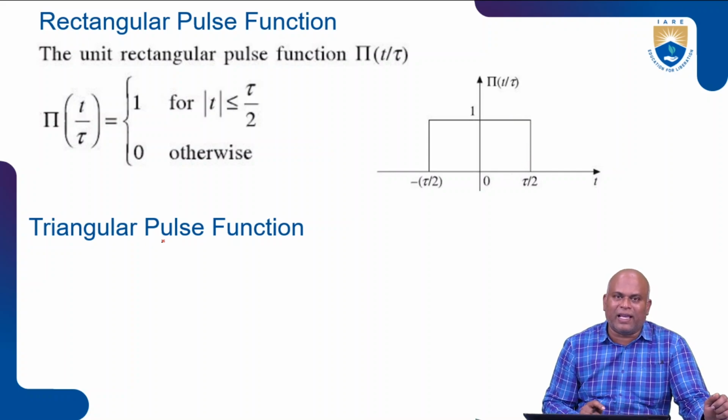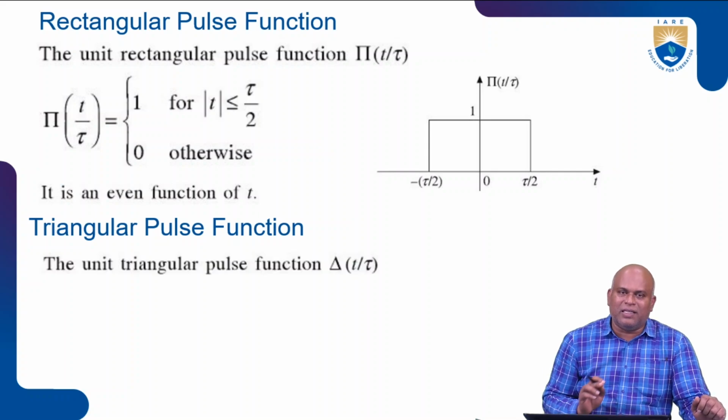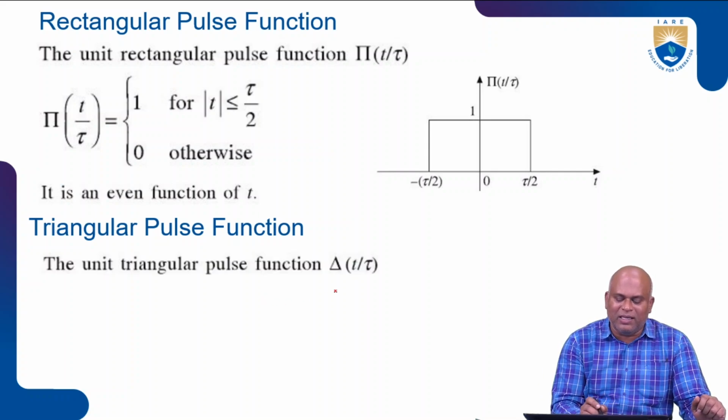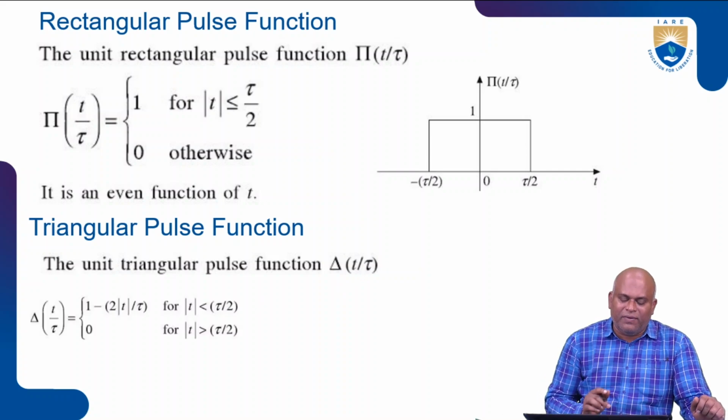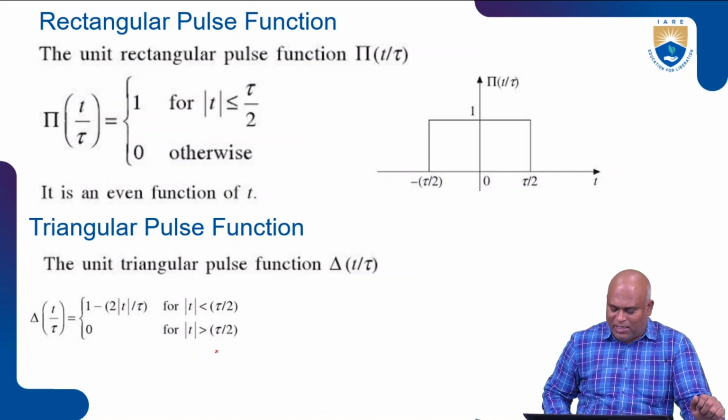Next case is the triangular pulse function. The triangular pulse function is represented as Λ(t/τ). Λ(t/τ) is equal to 1 minus 2 mod of t divided by τ for mod of t less than τ/2, and 0 for mod of t greater than τ/2.